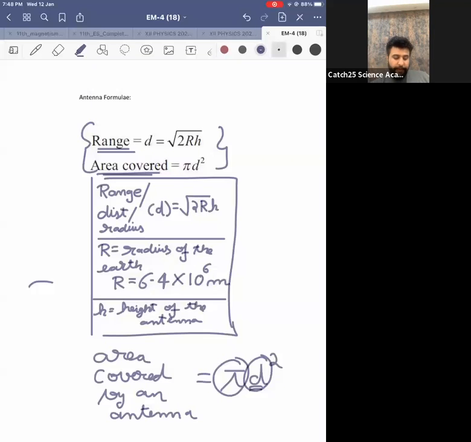Notation for area covered will be capital A itself.